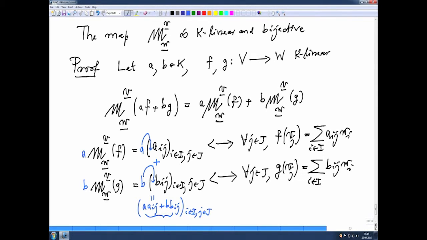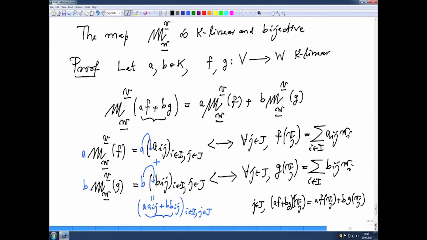Now I want to compute the ijth entry on the left side. The left side is what? Now the linear map is this. So I have to evaluate the linear map for each j in J. I have to evaluate AF plus BG evaluated at Vj. But the way it is defined, this is A times F of Vj plus B times G of Vj.